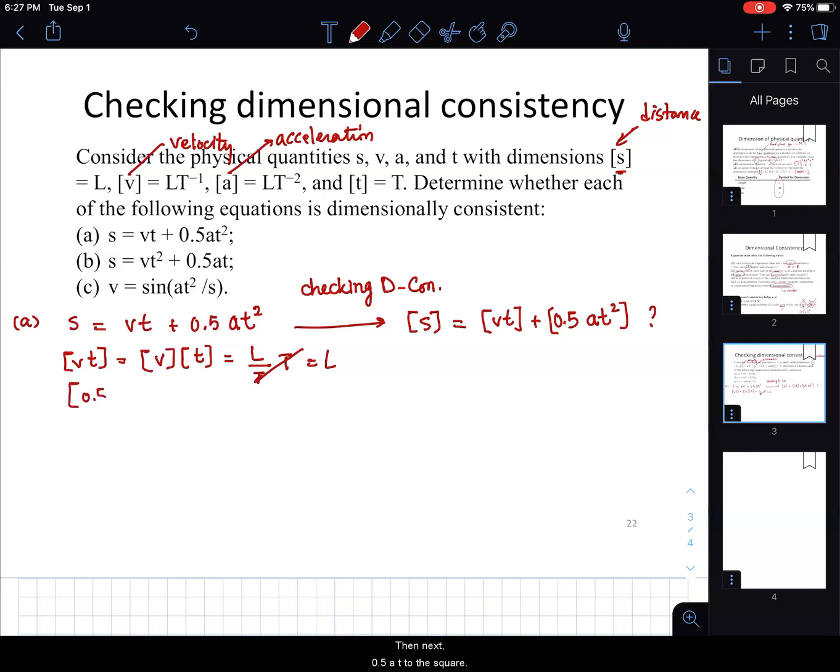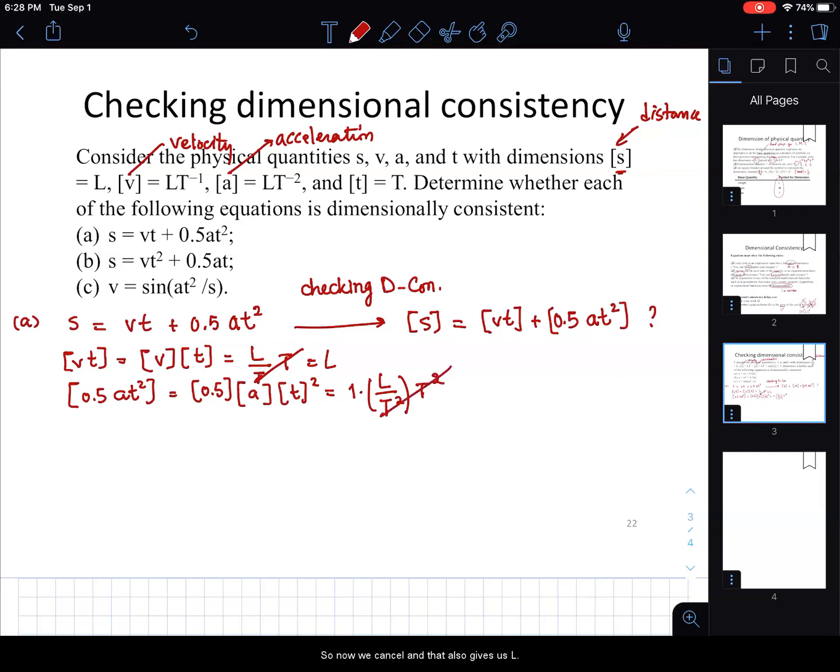Next, 0.5 a t squared: the dimension of 0.5, the dimension of a, and the dimension of t squared. The dimension of a number is called dimensionless, it is nothing. The dimension of a is length over t squared, and the dimension of t squared is t squared.